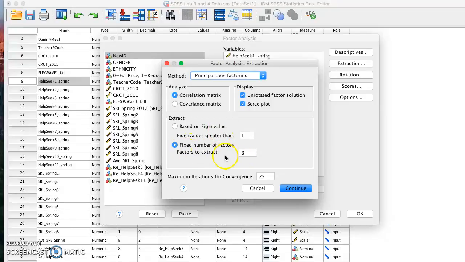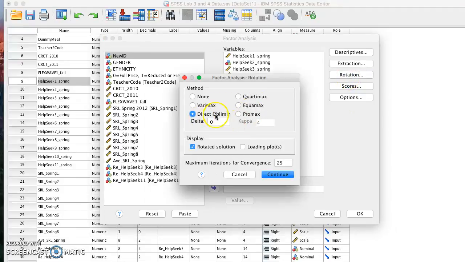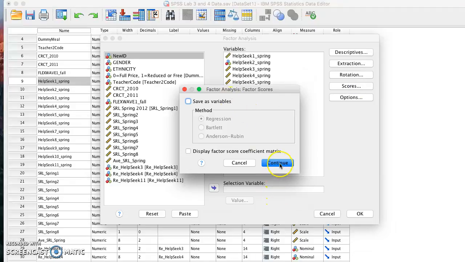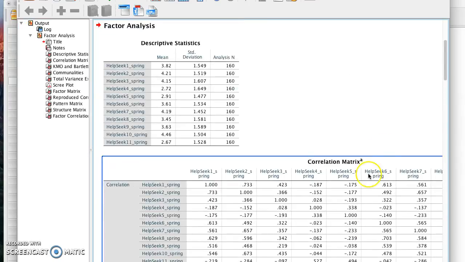Instead, I'm basing it on a fixed number of factors. Now I have 3. For rotation, I'm still using Direct Oblimin. Everything is kept the same as you were instructed yesterday, okay? And now I'm running this factor analysis again.